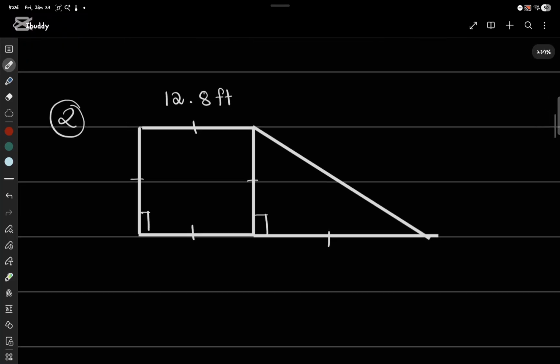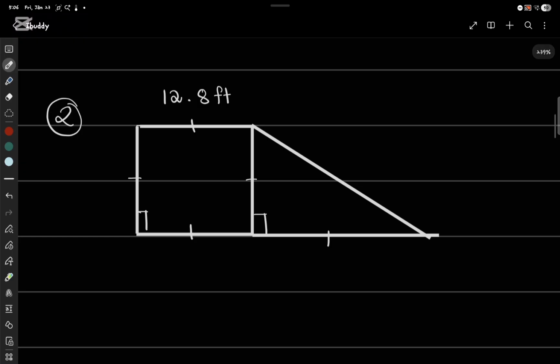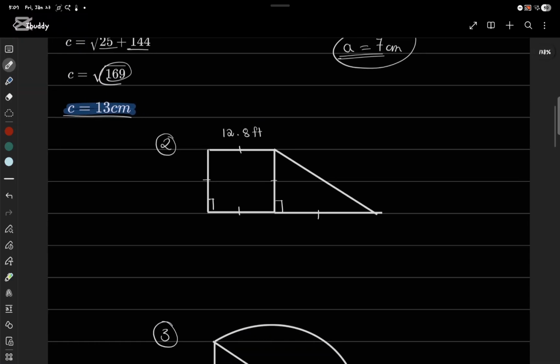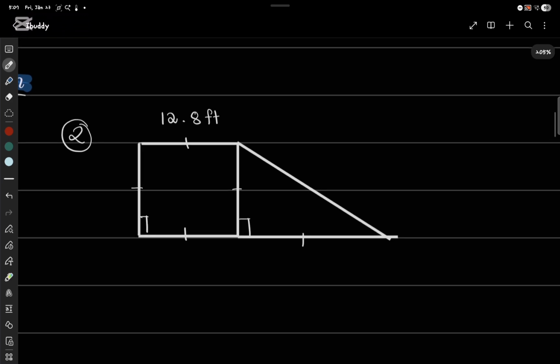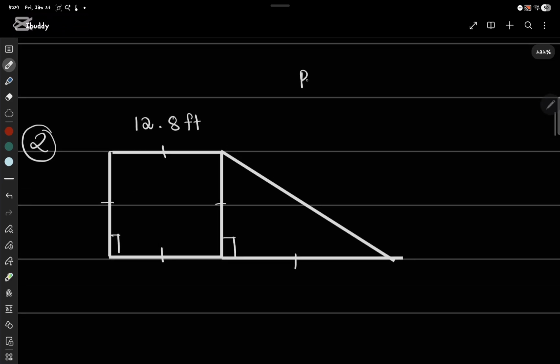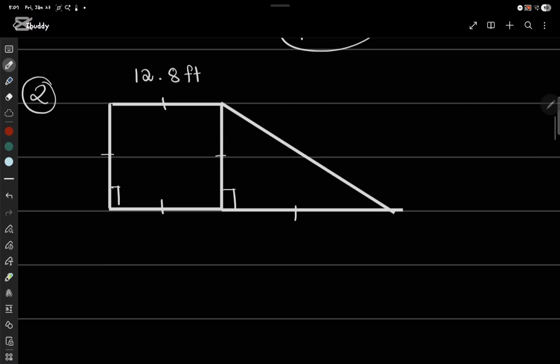Our second question. This question is a bit more difficult, but it's still the same steps. We're asked to find the perimeter of this composite shape here. So this is a square, and this is a right angle triangle.